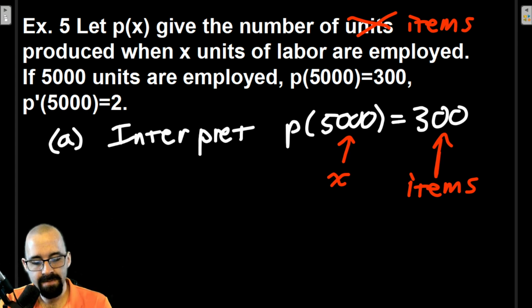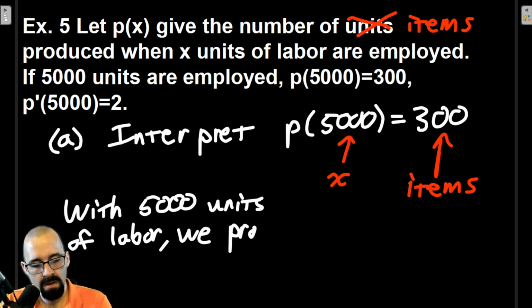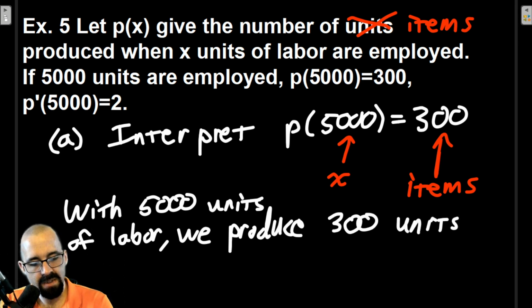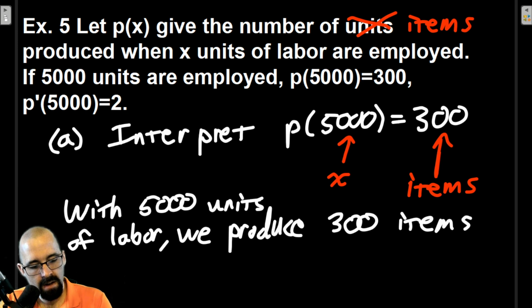So this says with 5,000 units of labor employed, we produce 300 items. I said I'm saying items, not units. And that's the answer to part A.